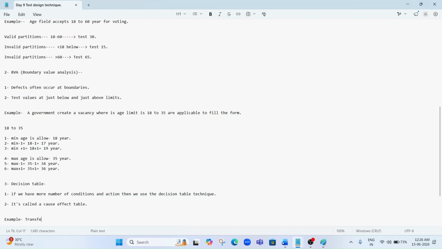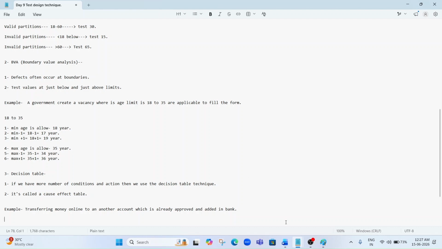Transfer money: transferring money online to another account which is already approved and added in the bank. So here we will not add a bank, it's already added and approved. So money will be transferred from one bank account to another bank account. The scenario we will check.